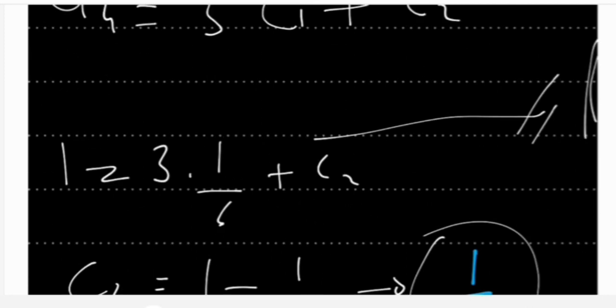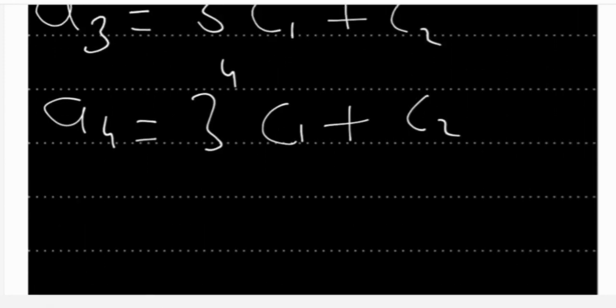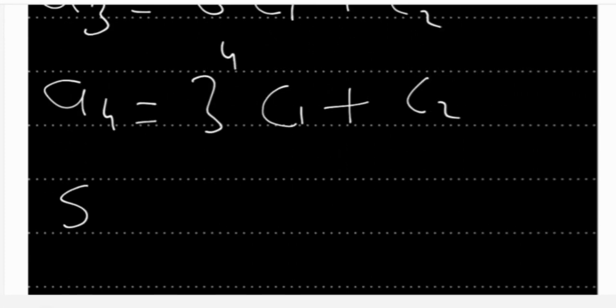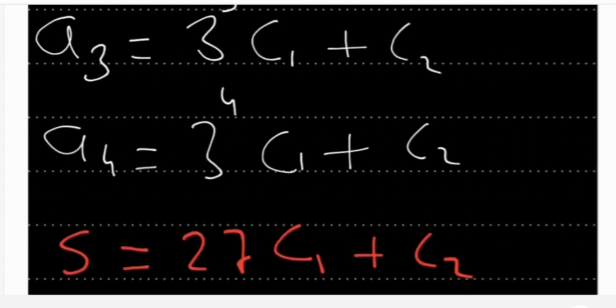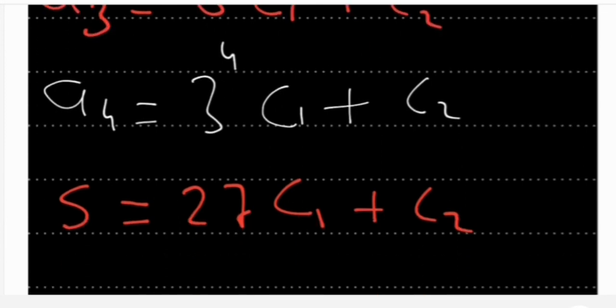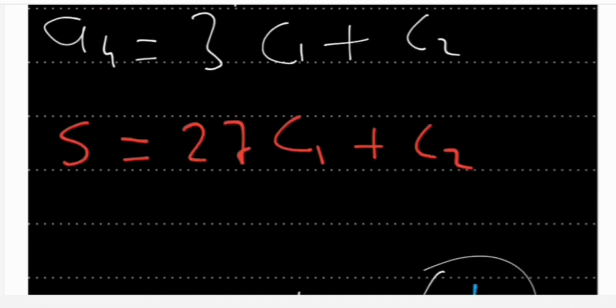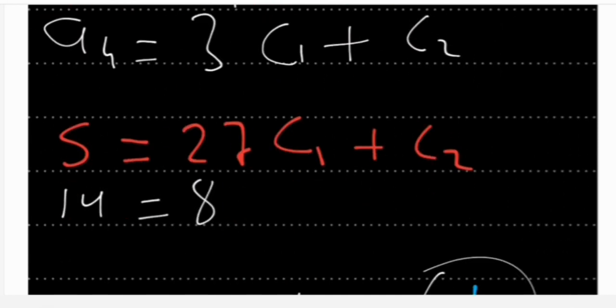So what do we get with this? A3 is 5, which is equal to 3 to the third, 27, C1 plus C2.